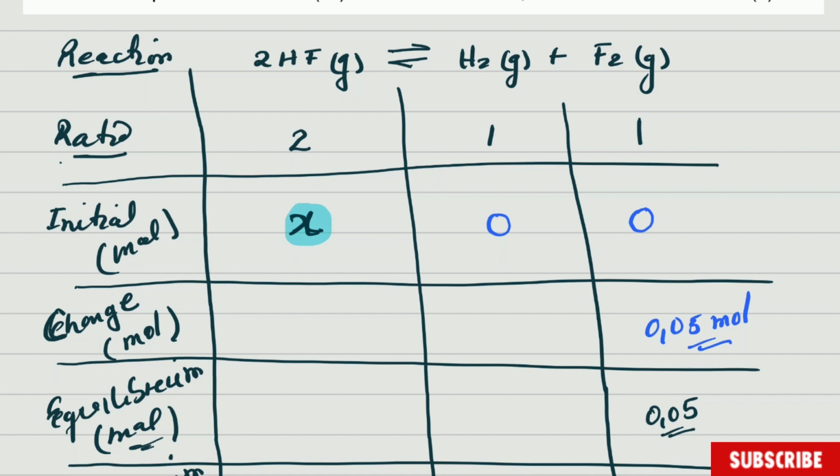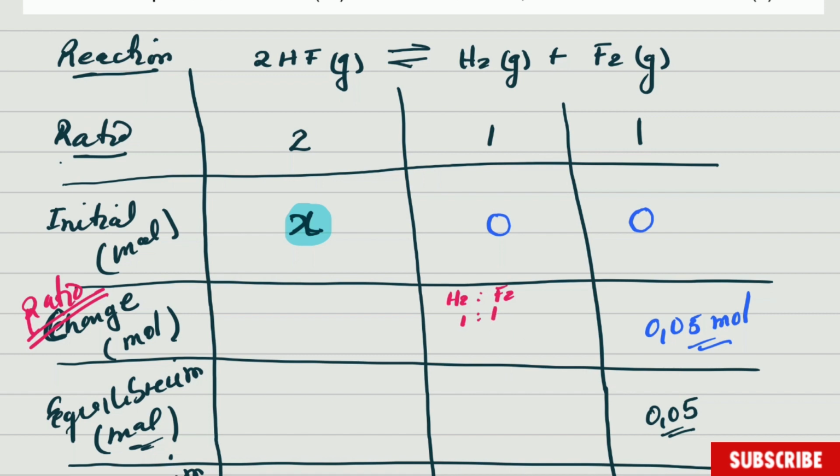Now, the change is the only place in this table that you are going to use the ratio. The ratio can only be used in the change. So the ratio here for H2 to F2 is 1:1.